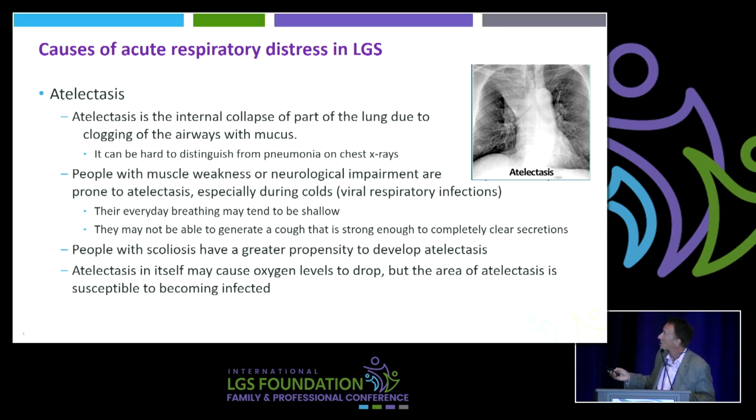There are subtle findings there that somebody who's accustomed to looking at x-rays could look at and say, no, that's not really pneumonia, it's atelectasis. But atelectasis can also become infected and become pneumonia.